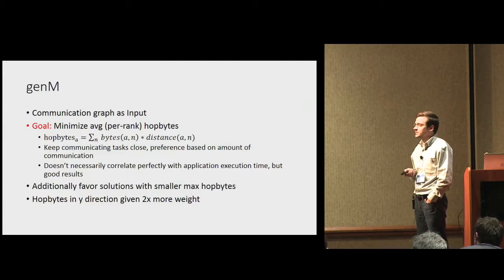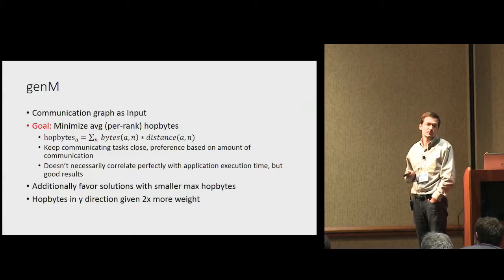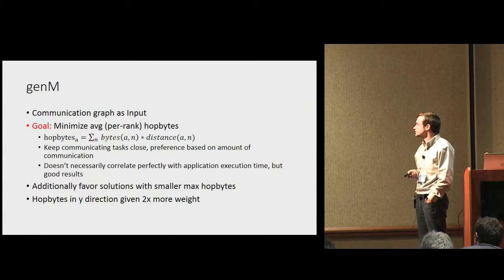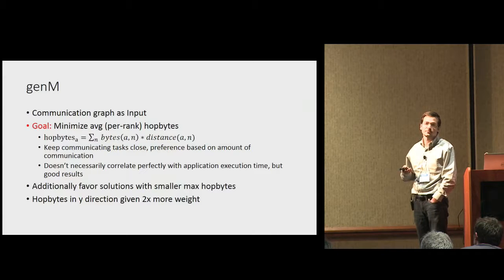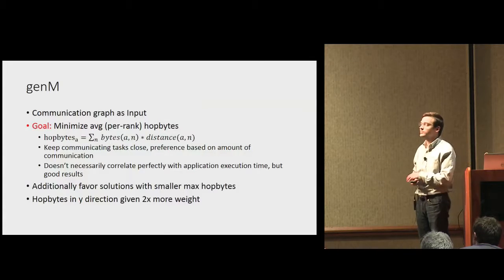This metric doesn't necessarily correlate with execution time, but we've seen that in most cases it gives good results. And we also favor solutions which have smaller max hop bytes. Even though the average could be small, there could be some ranks which are far away from their neighbors, and that could be a source of imbalance.